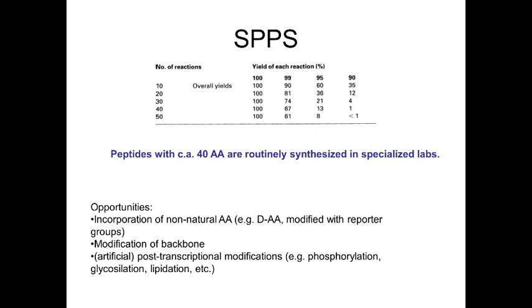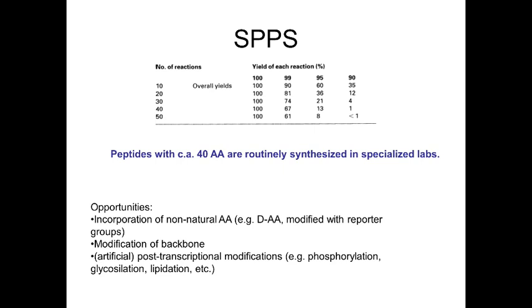So the coupling efficiency is a very important point. Nowadays, the peptides that can be achieved using these synthesis schemes that I have just introduced are around 40 amino acids, synthesized in specialized labs.